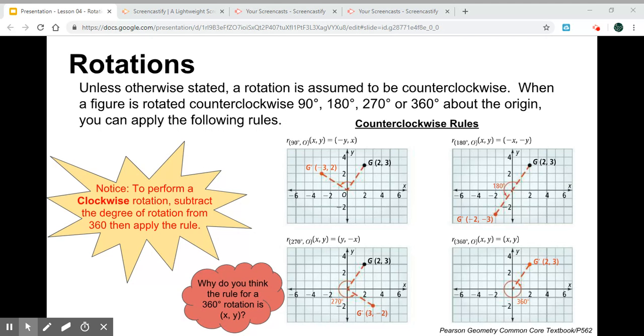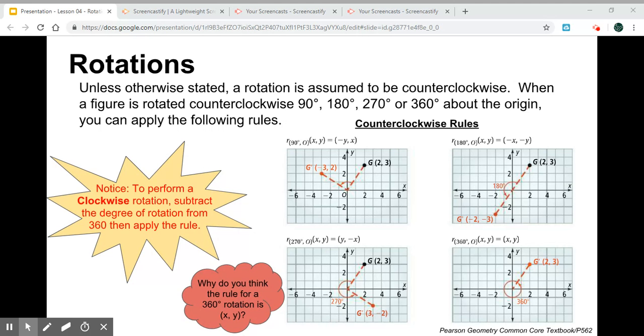So it's the opposite when it comes to the signs of the 90-degree counterclockwise. Let's do an example over here. Let's say we have the point 2 comma 3. I'm just going to flip the numbers.